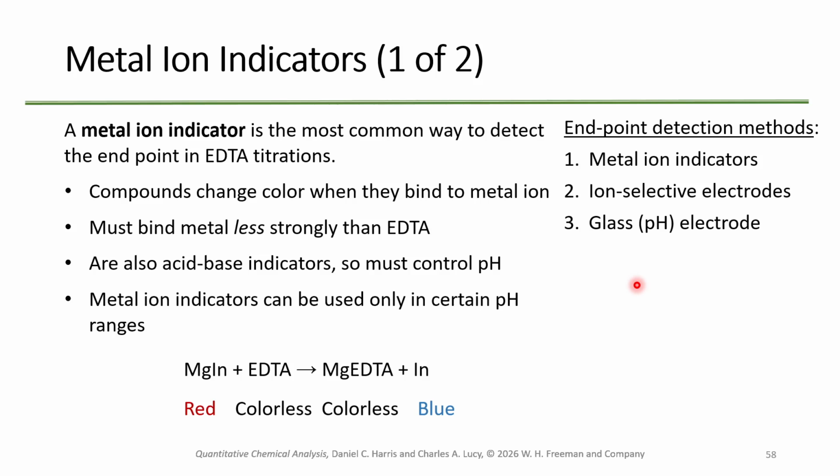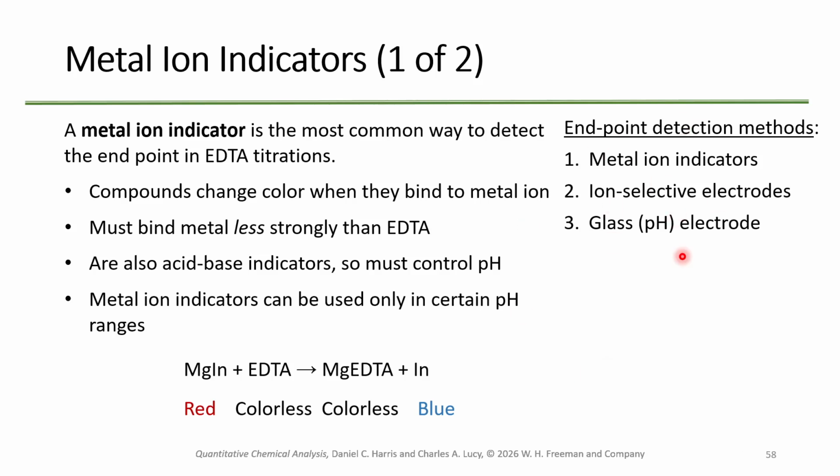Okay? Because typically they're going to be like negative ions that could take on H+, right? For the most part. So if they get protonated, they're going to change. The metal ion indicators can be used only in certain pH ranges, just like you would have talked about the different pH ranges that you can use for the acid-base indicators.